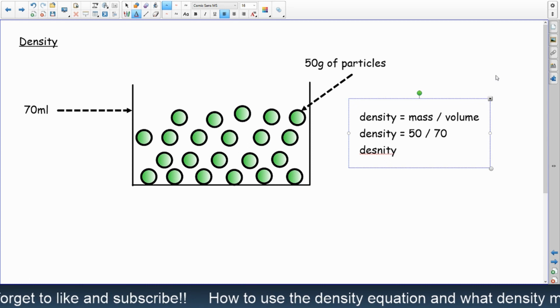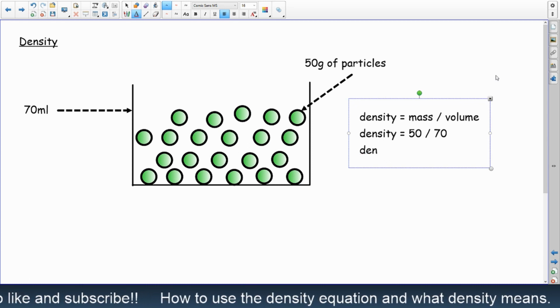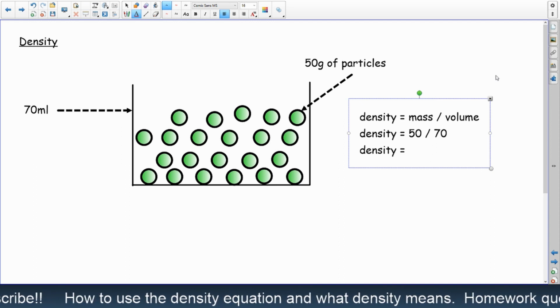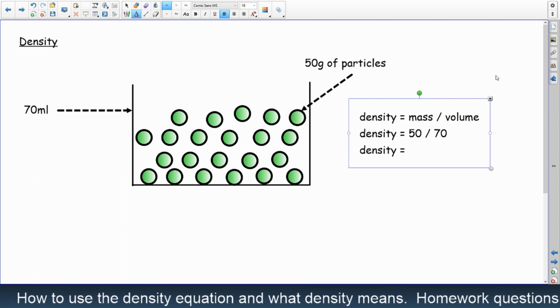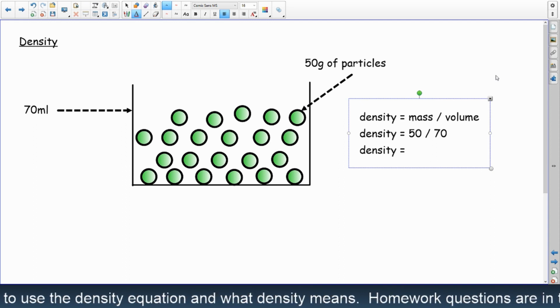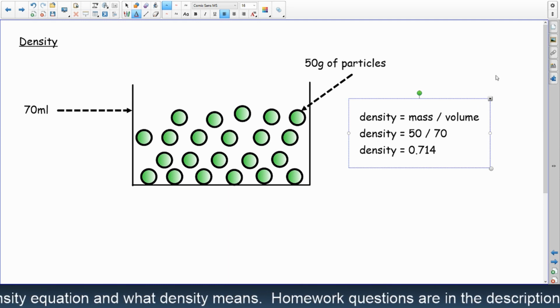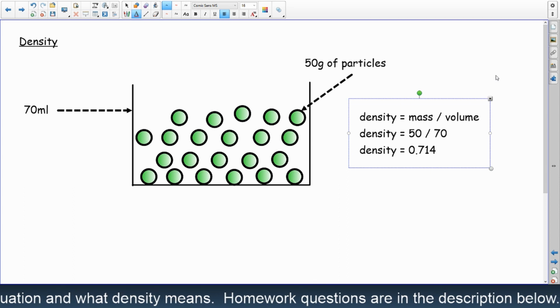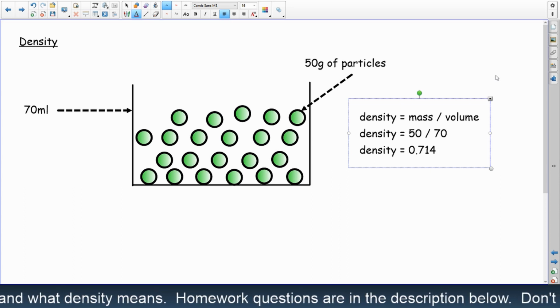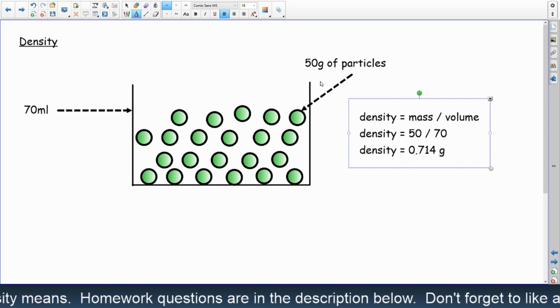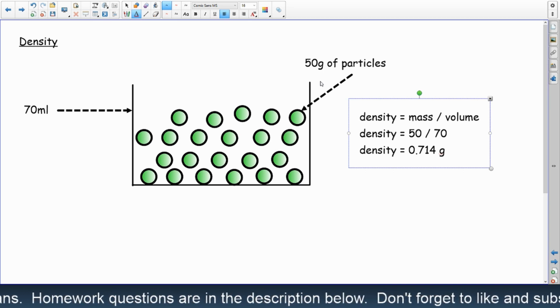So density equals 50 divided by 70. We go and grab our calculator, put 50 divided by 70 into it, and we get 0.714 to 3 decimal places for our answer. Now, our unit, what do we actually measure this in? Well, our mass was measured in grams, and our volume was measured in milliliters.